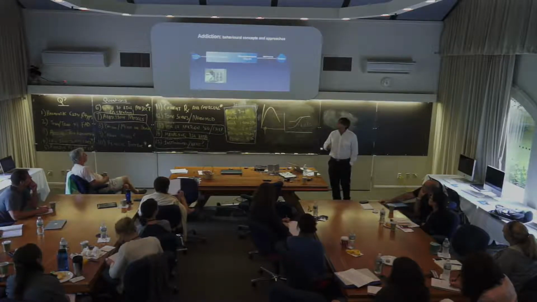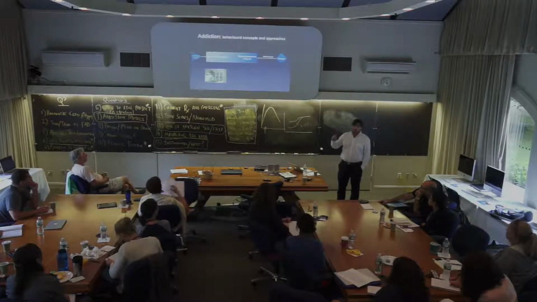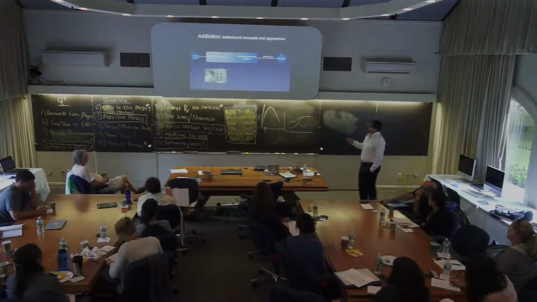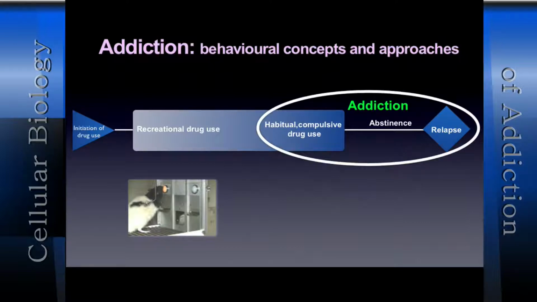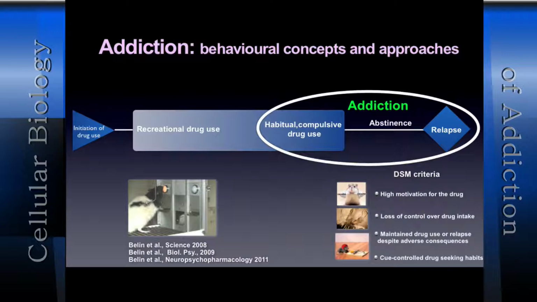And now if we try to operationalize the different stages of drug addiction, you've got initiation of drug use, recreational drug use, 99% of the field works on that. Then habitual compulsive drug use, abstinence, relapse, and you end up with cycles in between them. And this is addiction. And over the last 7 years now, I've been trying to operationalize the DSM criteria in preclinical models that we're going to discuss today.